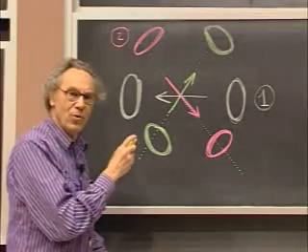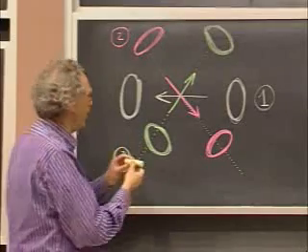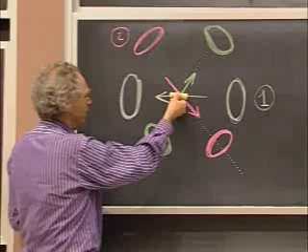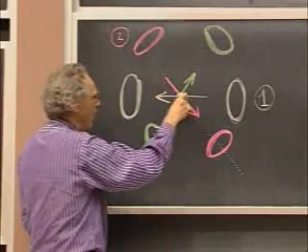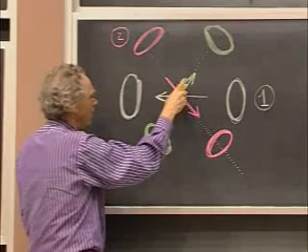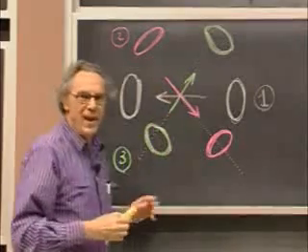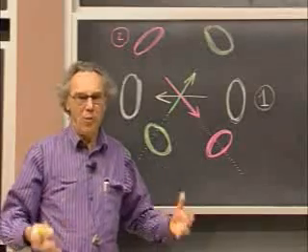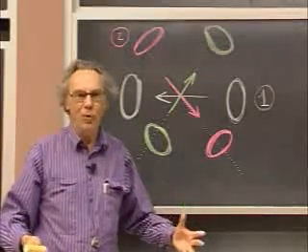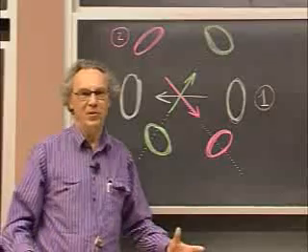In one complete period, the magnetic field started out like this. 1/3 of a period later, it was like this. And 1/3 of a period later, it was like this. So what we have created is now a rotating magnetic field. And it rotates in one period, all the way around, 360 degrees.